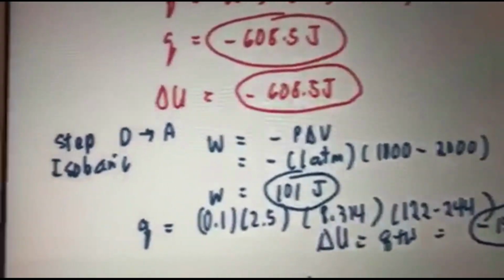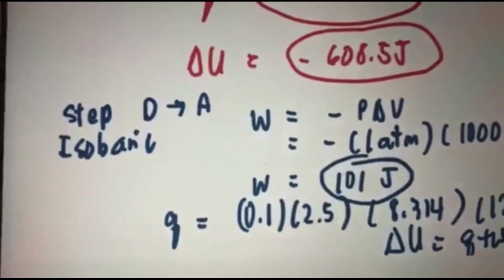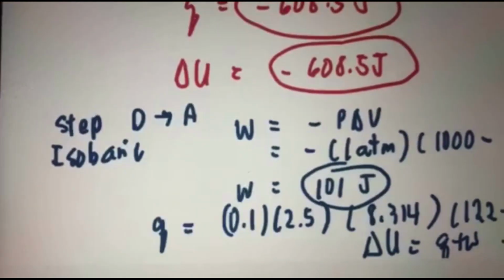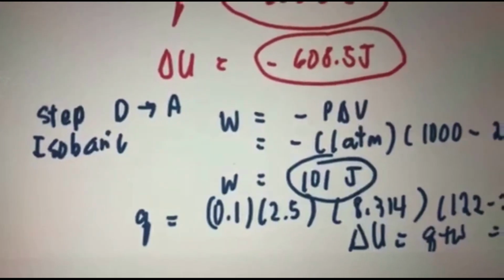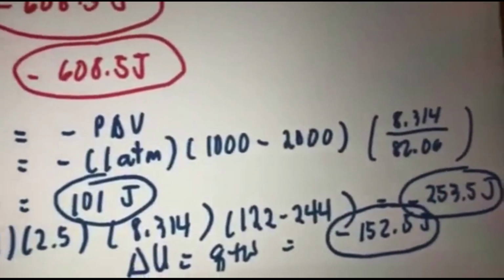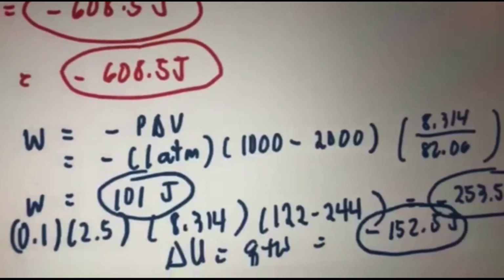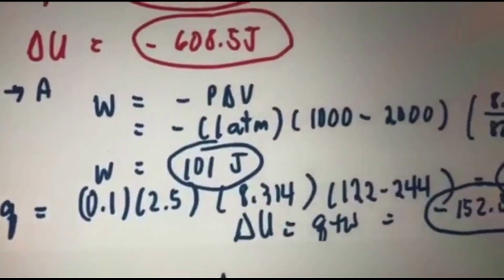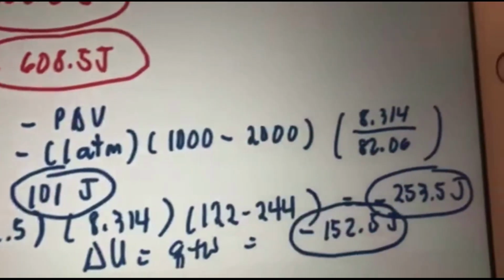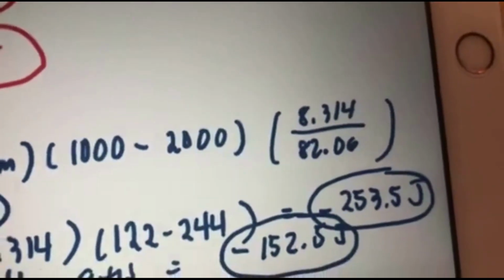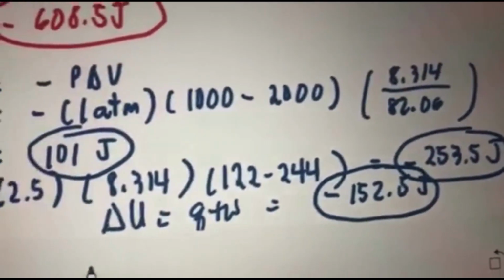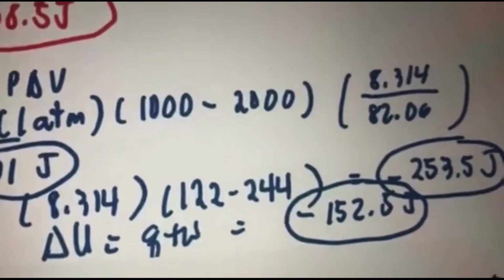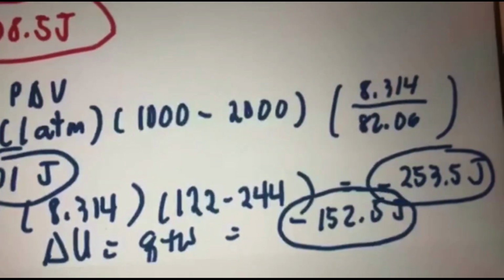And for the last process, D to A, again, this is similar to B to C. Since it's isobaric, work is equal to negative P dV. Substituting, work is equal to 101 joules. Q is equal to n CPM times delta T, so Q is equal to negative 253.5 joules. And the sum of Q plus work, delta U, is equal to negative 152.5 joules.